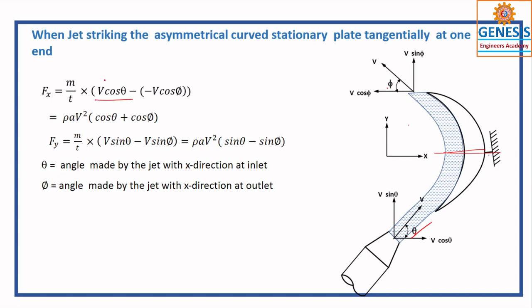Same thing, in the previous case it is v cos theta, it is also v cos theta, but in this case the jet is leaving with a different angle, that is phi, then this becomes this. If theta is equal to phi, then it becomes 2 cos theta, then it is 2ρav square cos theta. In the previous case both are having the same angle, theta and theta, so the force in the y direction becomes 0, but in this case not 0.